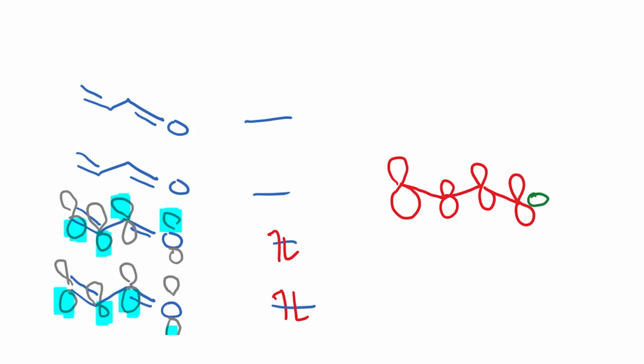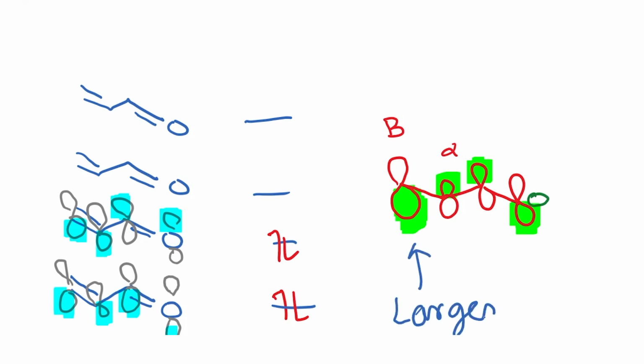We need not worry about how these orbitals have been calculated, but the important point here is that the largest coefficient is going to be at this beta position. What this means is that the LUMO, the lowest unoccupied molecular orbital, has the beta carbon as the lobe with the largest coefficient.